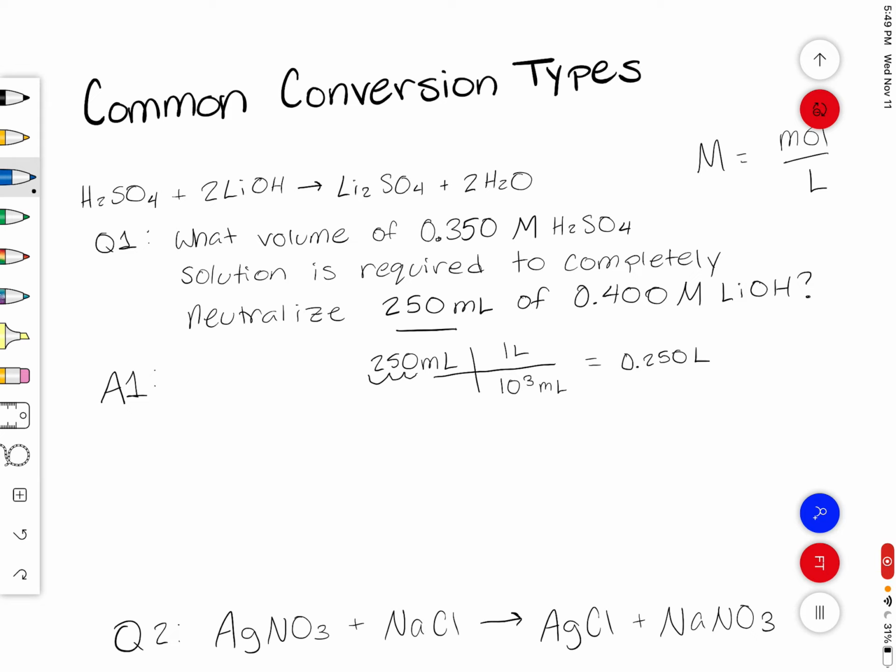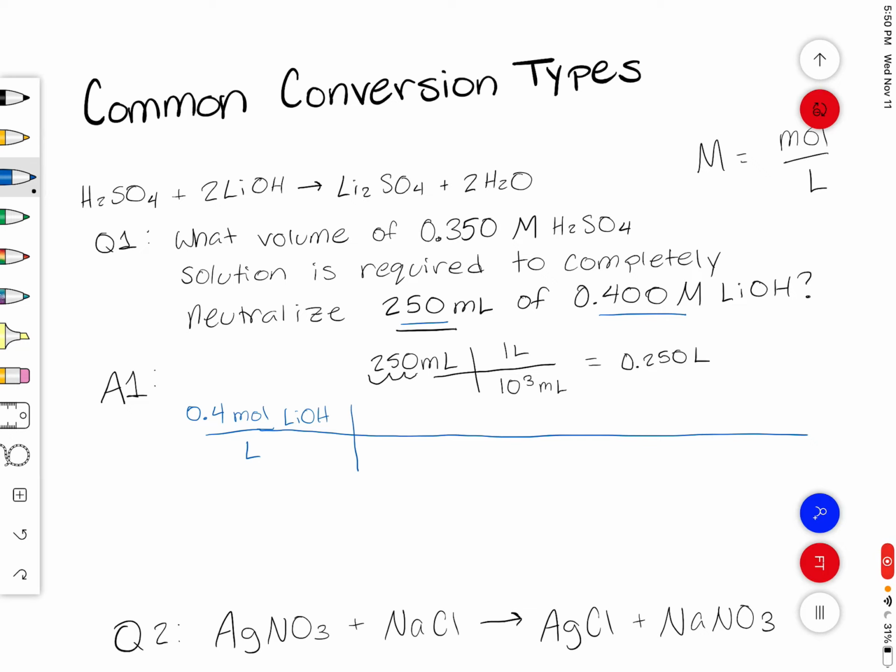For questions like these, I always recommend that you start with what you're given. So we're given this 250 milliliter solution of 0.4 molar LiOH. What you would do first is write down your 0.4 mole per liter of LiOH. Build your railroad tracks and go ahead and draw it all the way out.